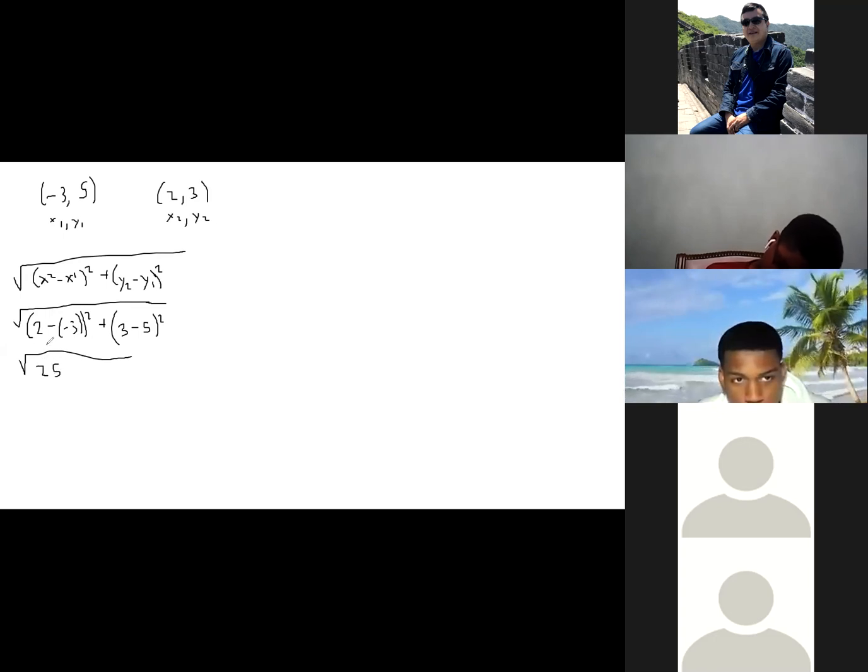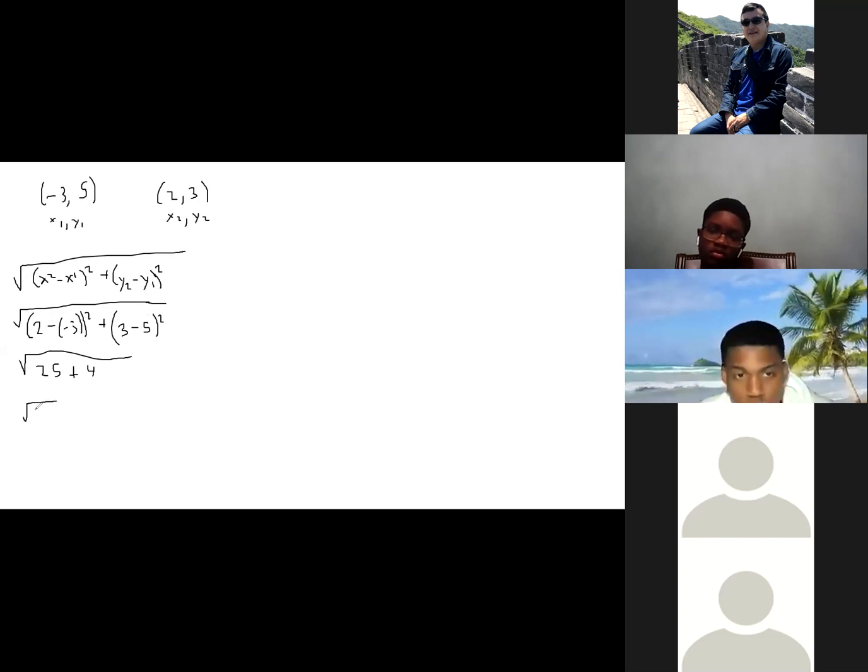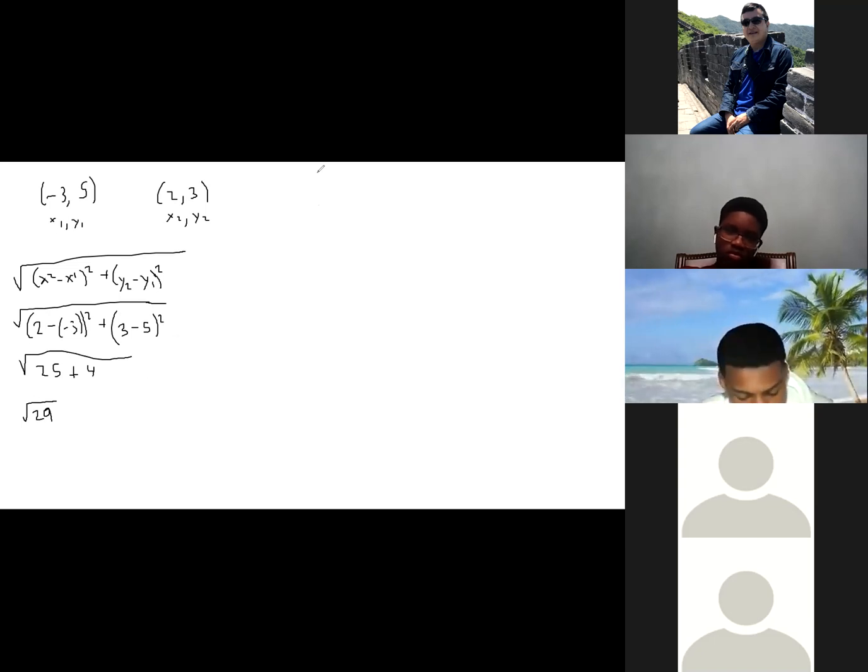Well, I kind of jumped quickly there, but 2 minus -3 is 5, and then 5 squared is 25, plus, and then 3 minus 5 is -2. -2 squared is 4, and so this should be the square root of 29. Okay, I see what I did wrong. Yeah? Does everyone understand? Yes.